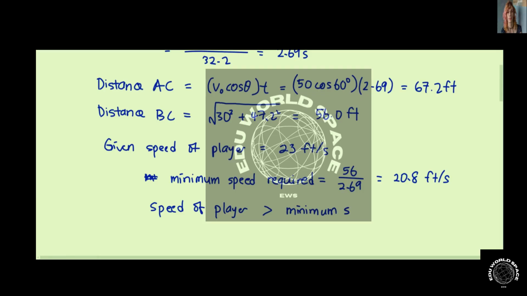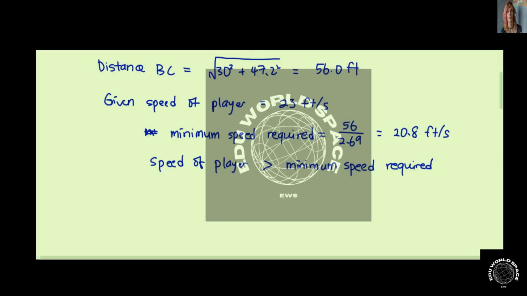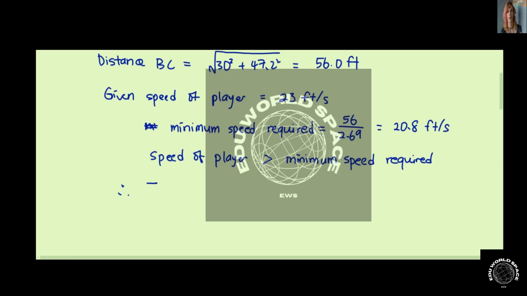Which means that the player is able to reach point C before the ball gets there.